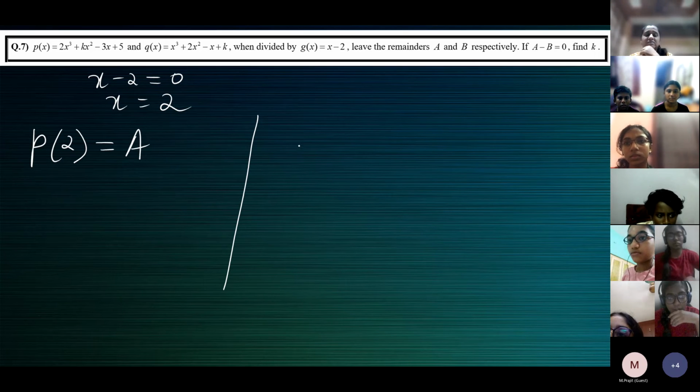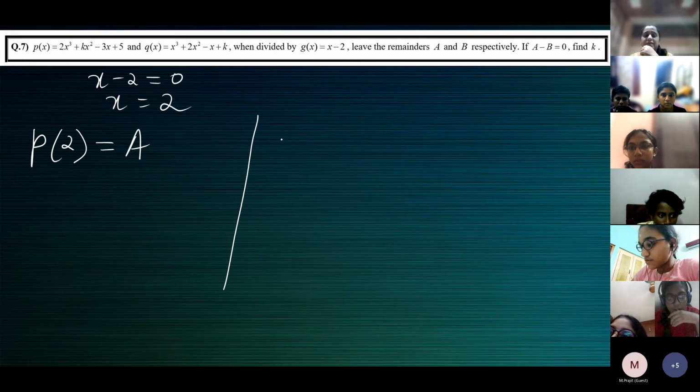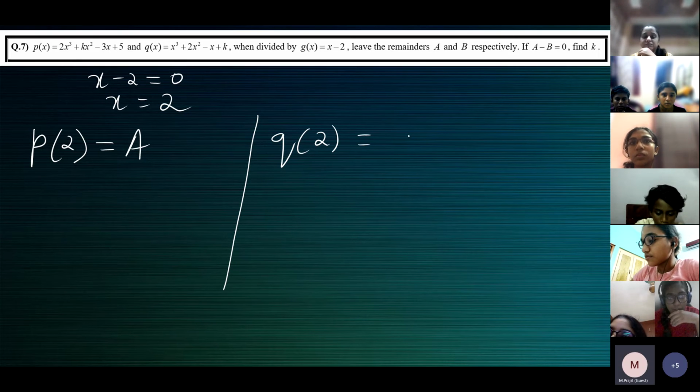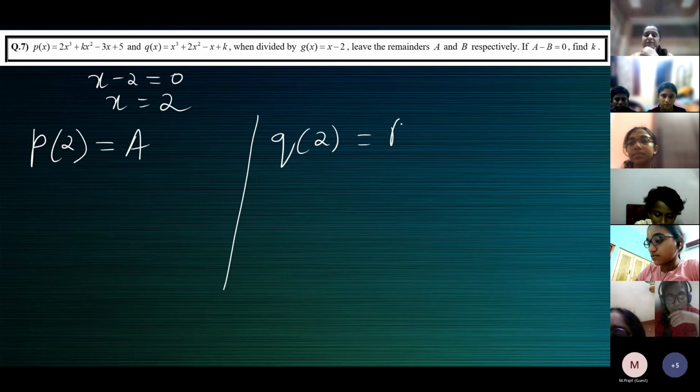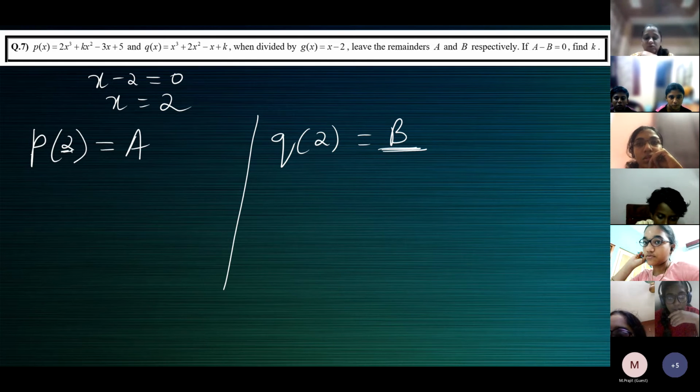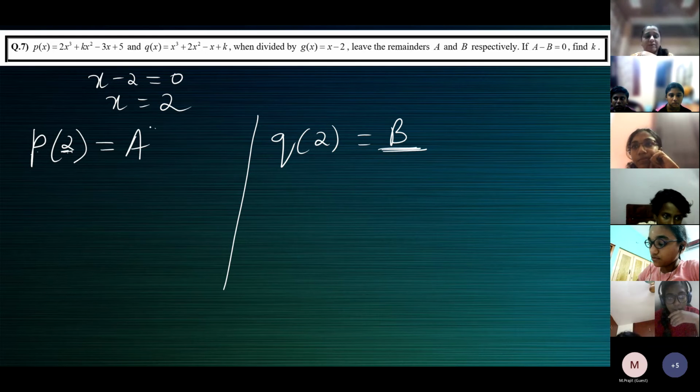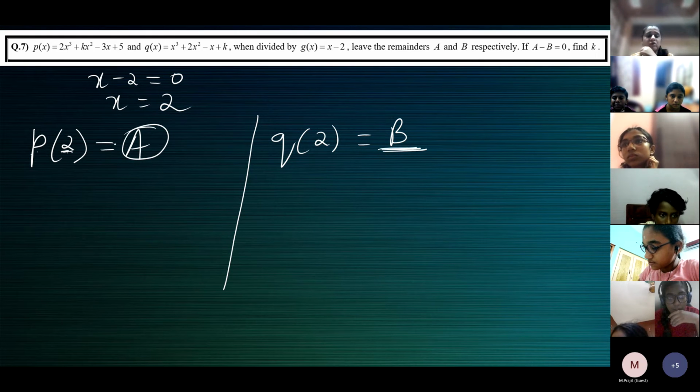What's the other condition? When Q of X is divided by G of X, the divisor is the same. So what is Q of 2? B, ma'am. We should write the remainder here. See, P of 2. In place of X, we use 2. When you find P of 2, you will get the remainder when P of X is divided by X minus 2.